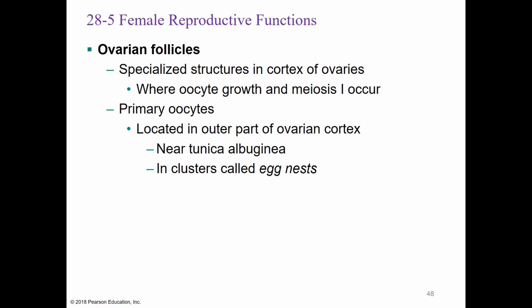Ovarian follicles are structures that are specialized in the cortex of the ovaries, where oocyte growth and meiosis 1 occur. Primary oocytes are located in the outer part of the ovarian cortex in little clusters called egg nests.